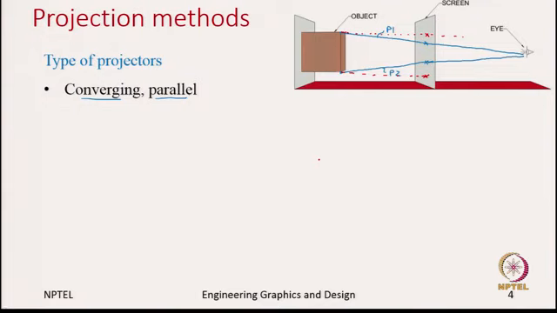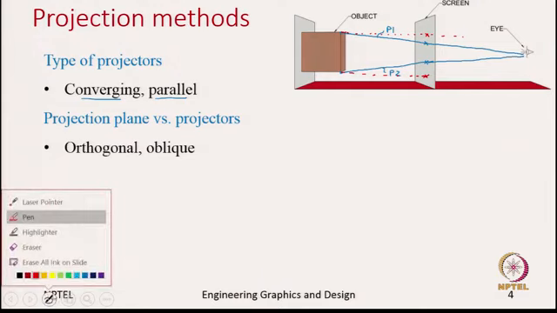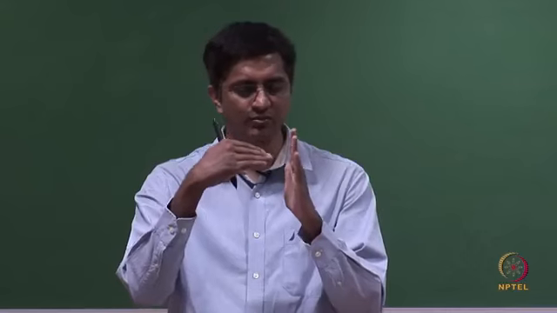Now, let us look at a different category. Here we are looking at the projection plane versus the projectors. In other words, we are looking at what angle the projector makes when it intersects with the projection plane.